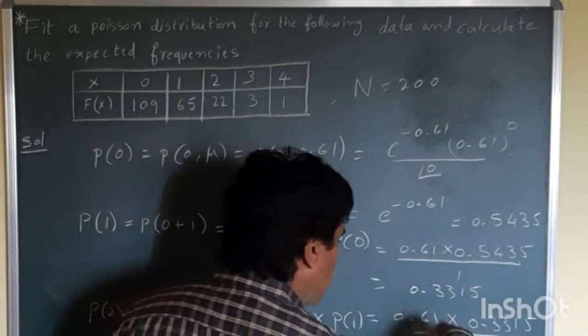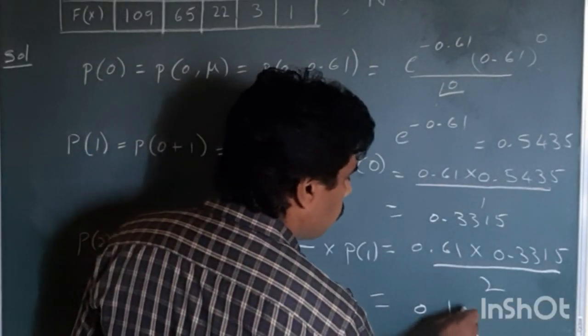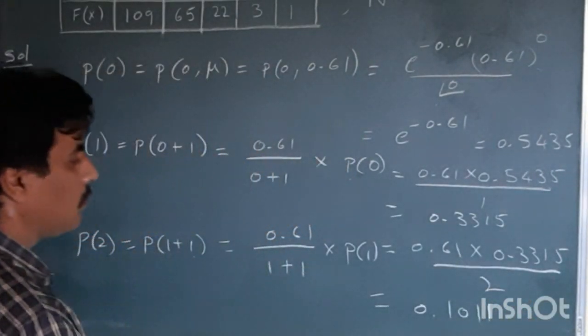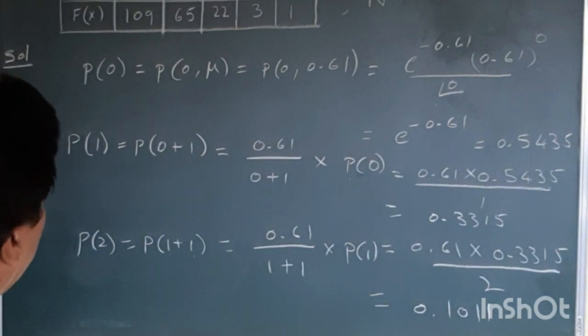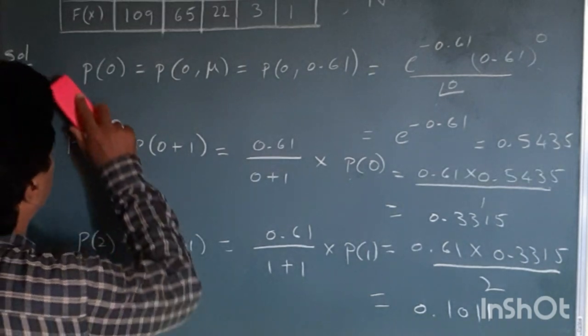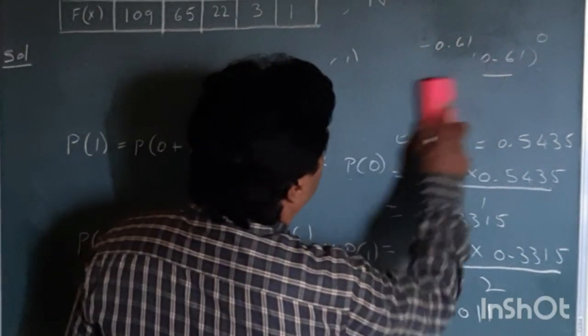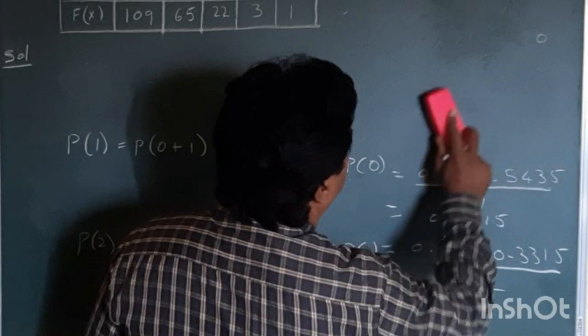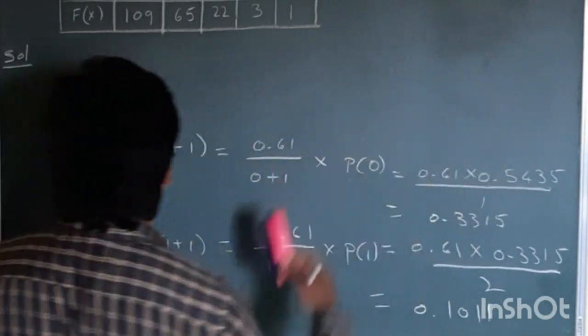On computing this value we get 0.1011. That is P of 2. In this way we have to find the remaining probabilities also.